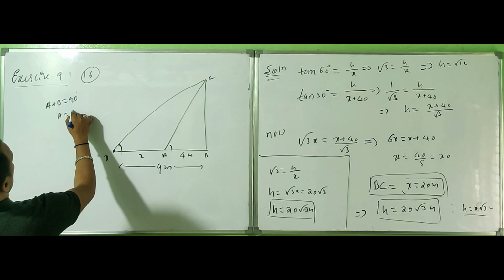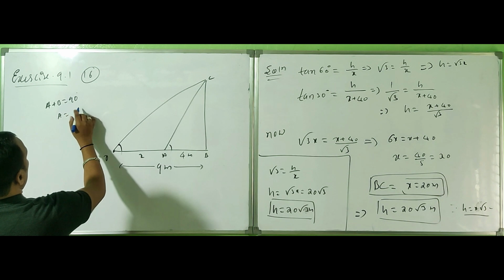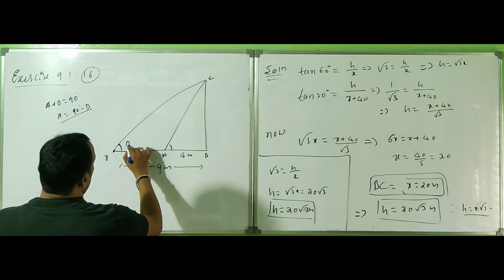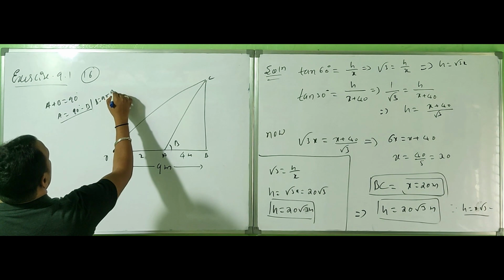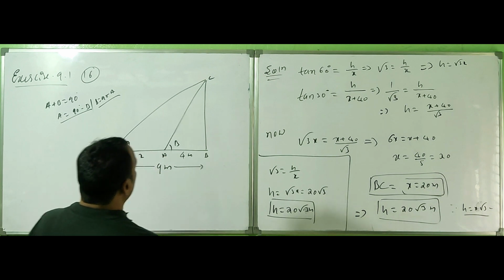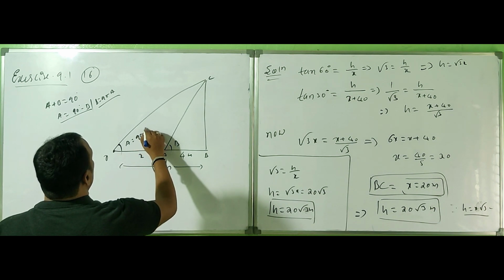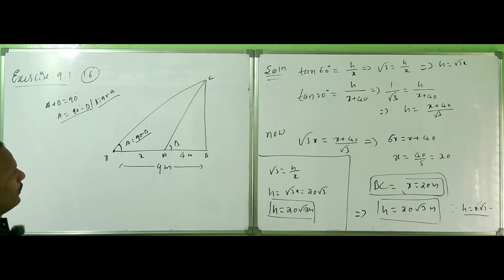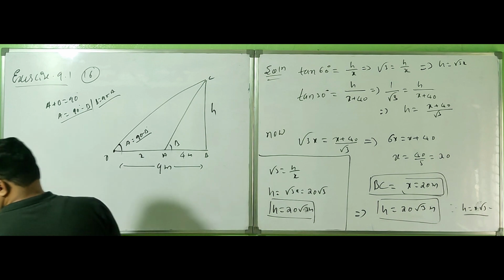Therefore, A is equal to 90 degree minus B. If it is A, or B is equal to 90 minus A. Okay, we can take anyone. You have to prove that this height is 6 meter.